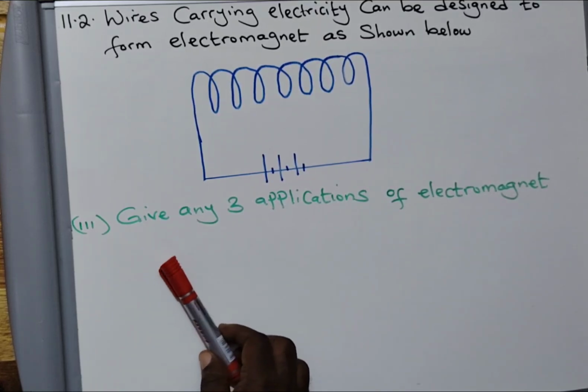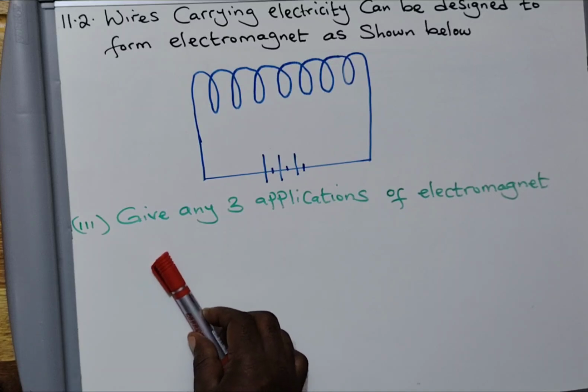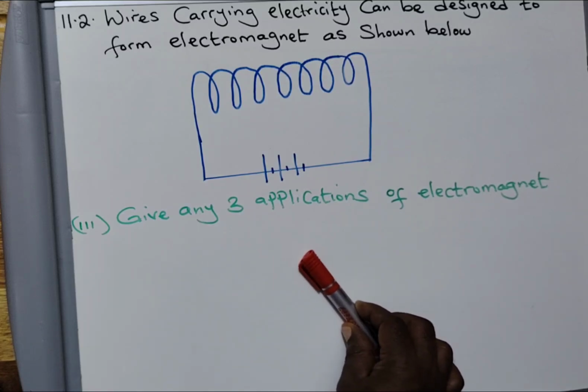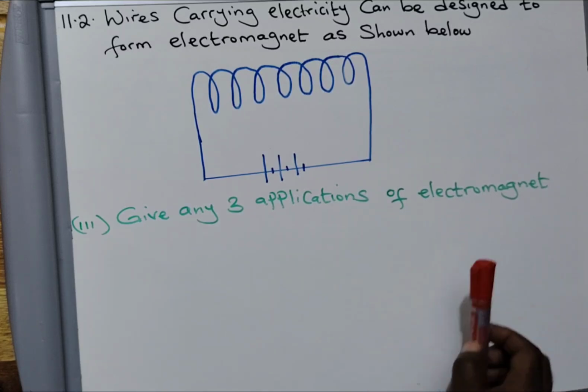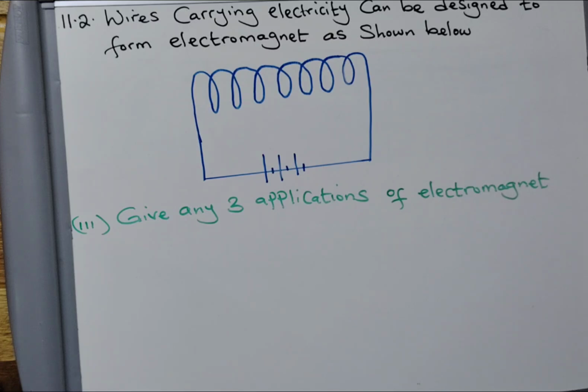Then we come to this one. It says, give any 3 applications of electromagnet. What are the applications of electromagnet? One, it can be used in loudspeakers.